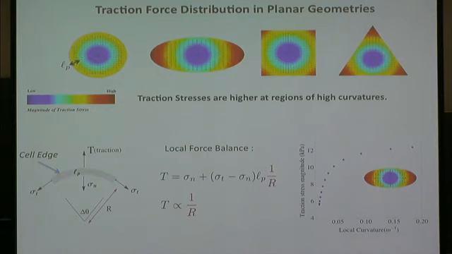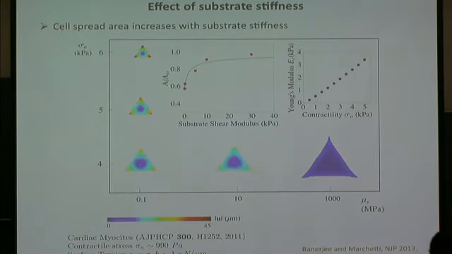Now, at high enough curvature, you would see a saturation because of non-locality, which this simple force balance equation does not capture. So this model can analytically capture, for example, the dependence of the spread area on the substrate shear modulus.